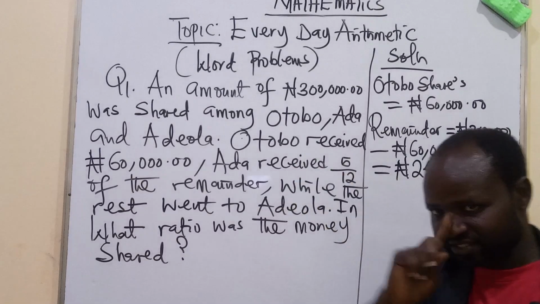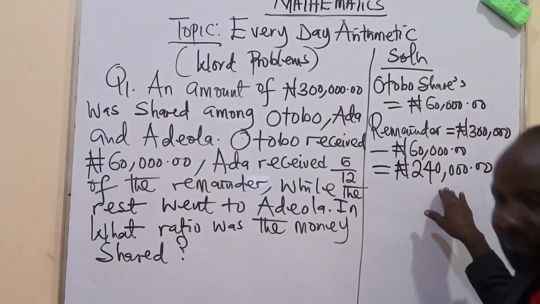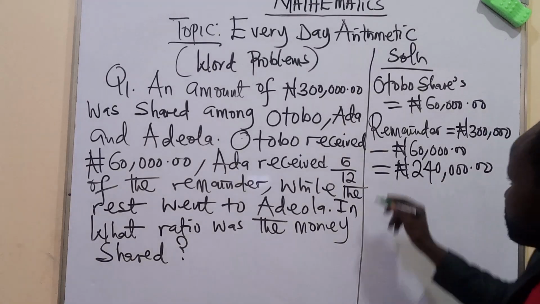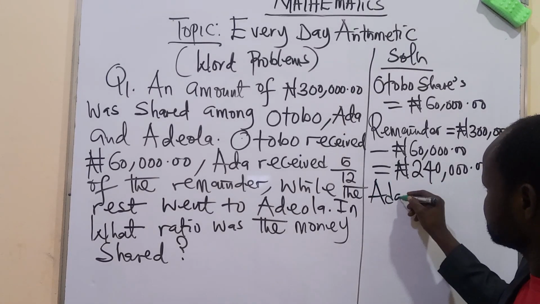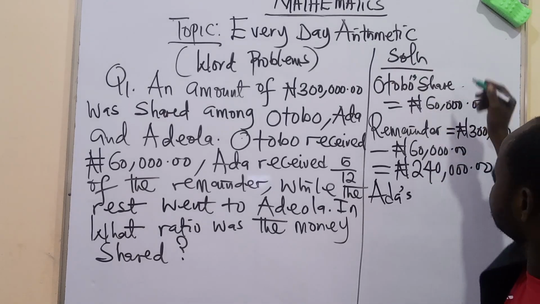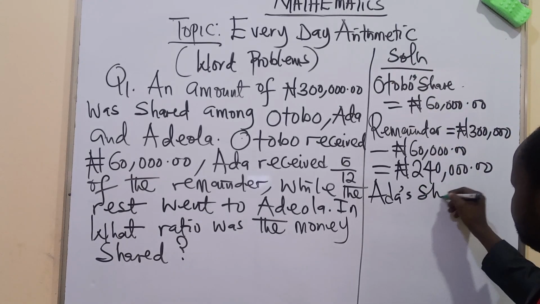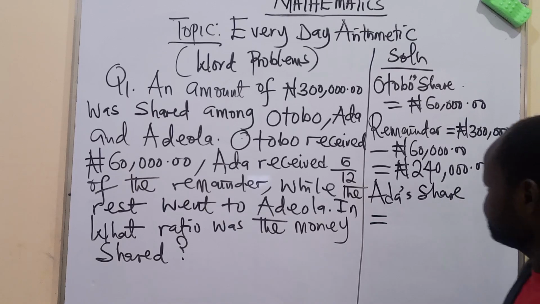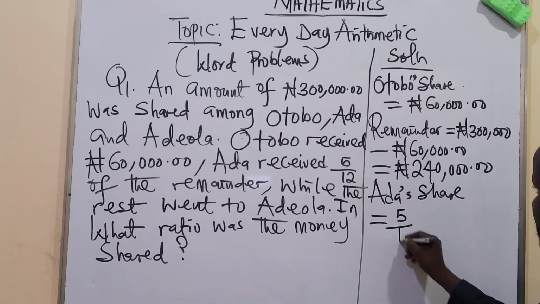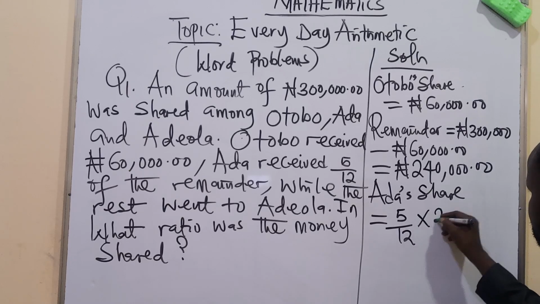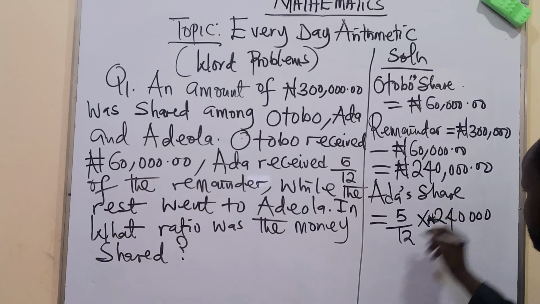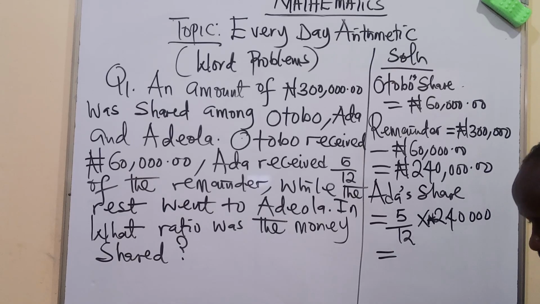Then Ada's share now will be 5 over 12 of the remainder, which is 240,000. So Ada's share will be equal to 5 divided by 12 times 240,000 naira.